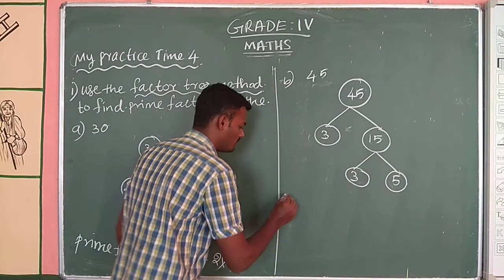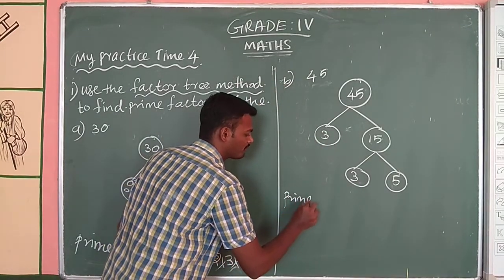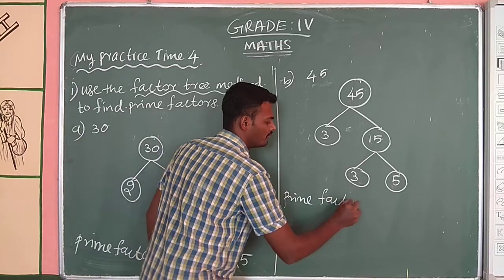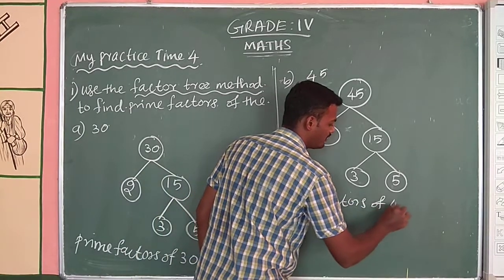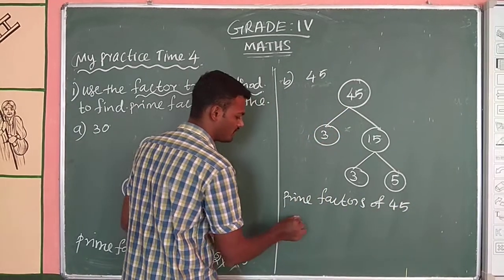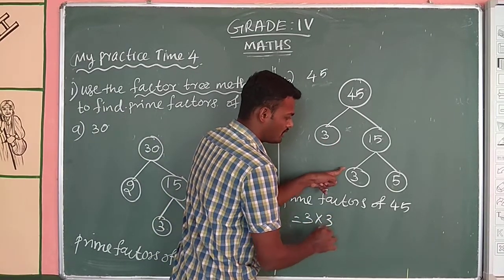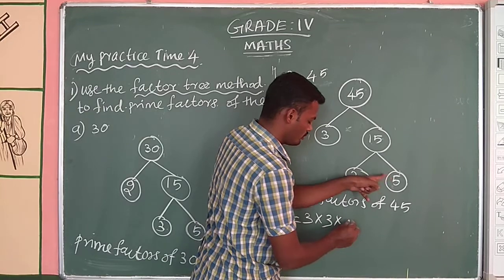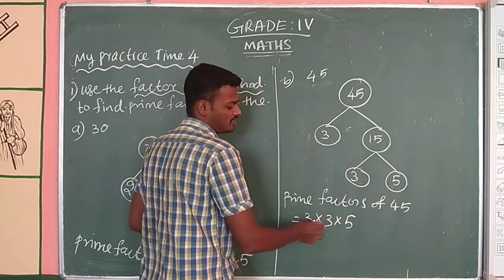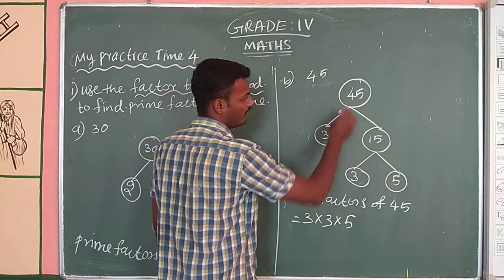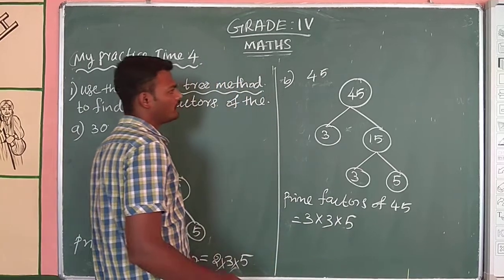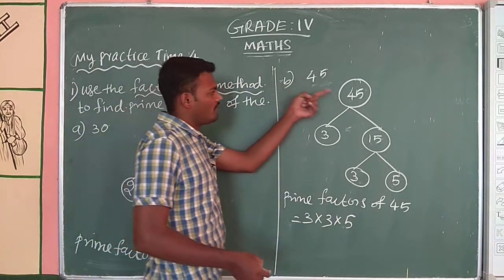Next we can write prime factors of 45 is equal to 3 into 3 into 5. So 3 3s are 9, 9 5s are 45.